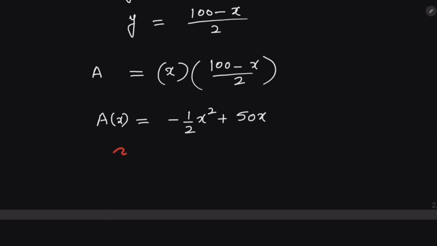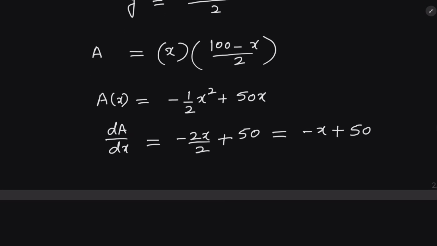Let me apply the first derivative test. dA by dx will be equal to minus 2x by 2 plus 50, that is minus x plus 50.